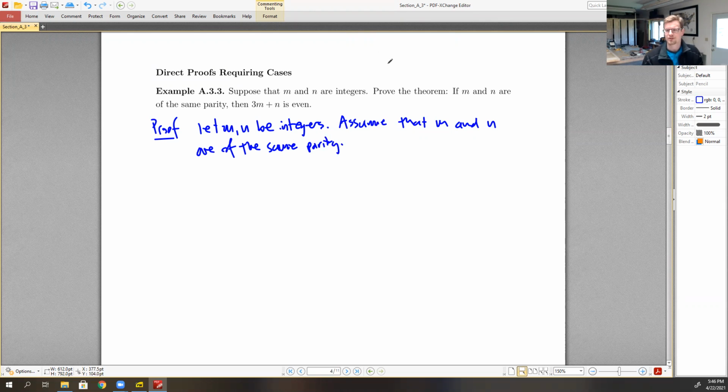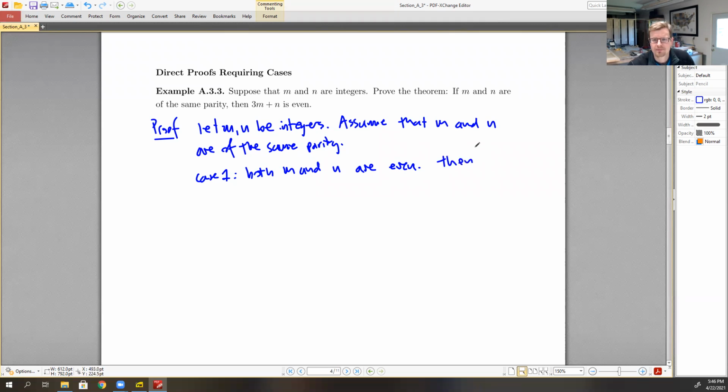Once we know that they're of the same parity, again, we end up with the two cases. Case one is that both m and n are even. The other case would be that both m and n are odd. So case one, both m and n are even.